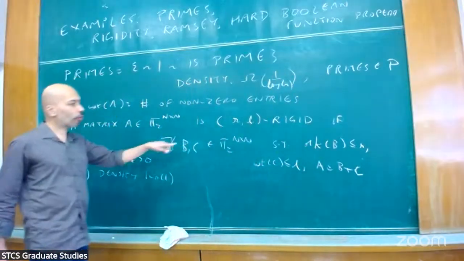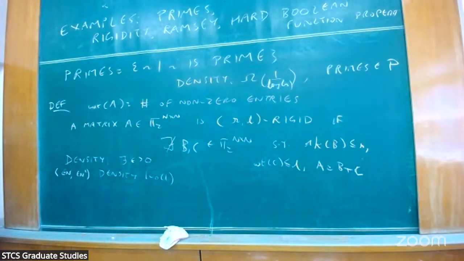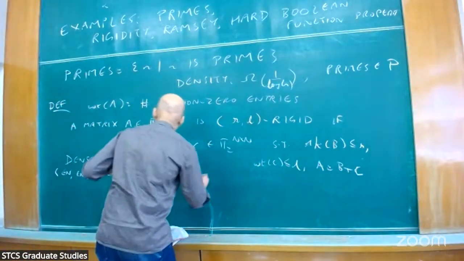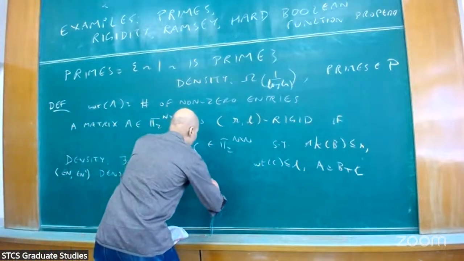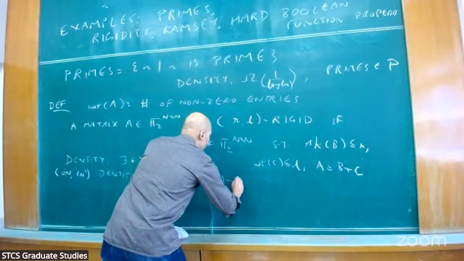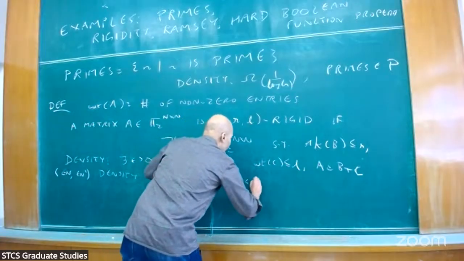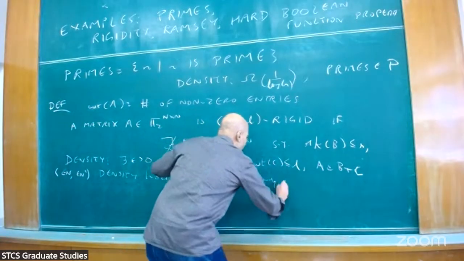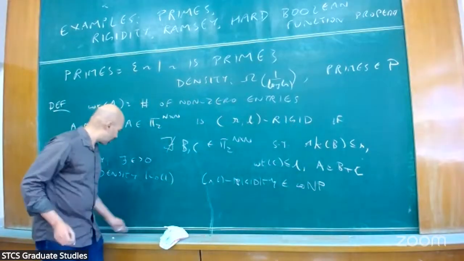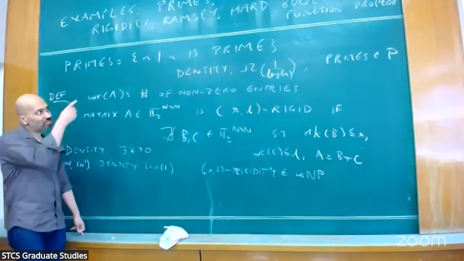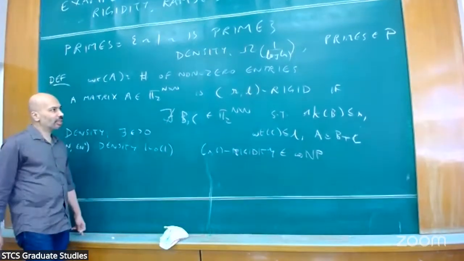So it's just a for all quantifier over B and C. So that's a co-NP predicate, right? So for any R and L, rigidity is in co-NP. And in fact, all of the properties that we consider will either be in P, like primes, or they'll be in co-NP.